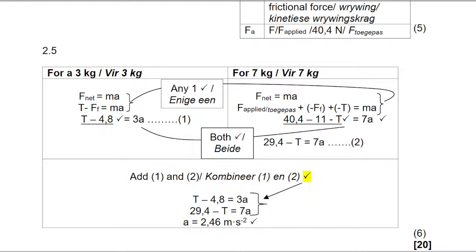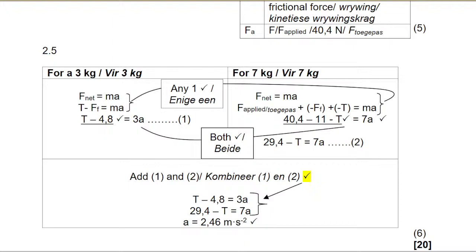And then for the 7 kilogram block, we also do the same. But for the 7 kilogram block, we are assisted by the free body diagram that we have drawn up there. So it is the F applied minus the frictional force minus the tension, since both the frictional force and the tension are acting in the opposite direction to the F applied.